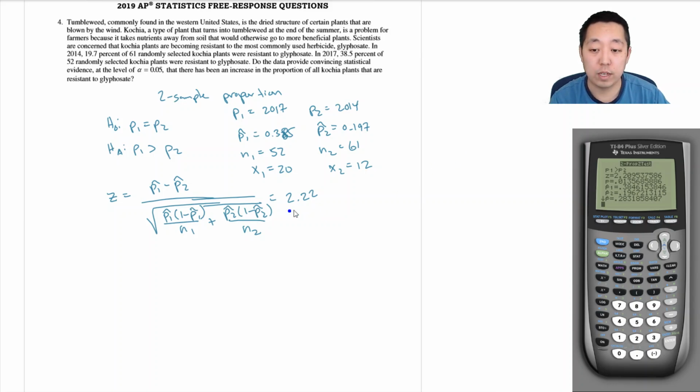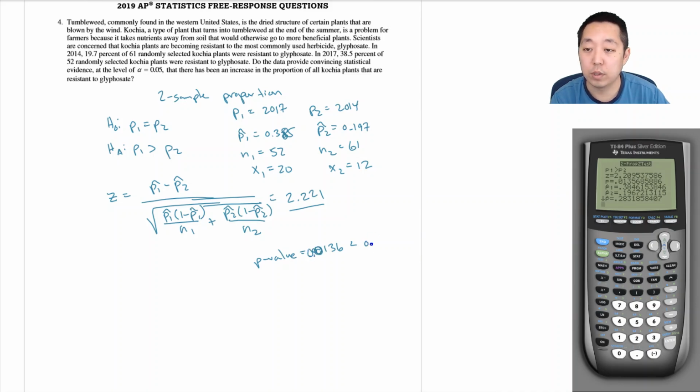So you see the Z value, 2.22, is there. It's about 2.221 if you want one more decimal place. And my P value, I got 0.136, right? Which is this one right here. Actually, it's 0.0136, sorry about that.